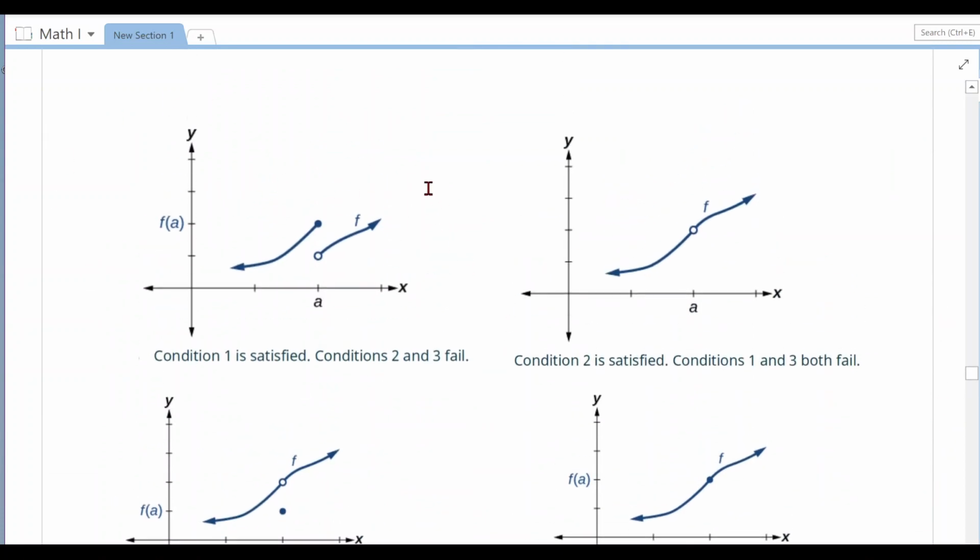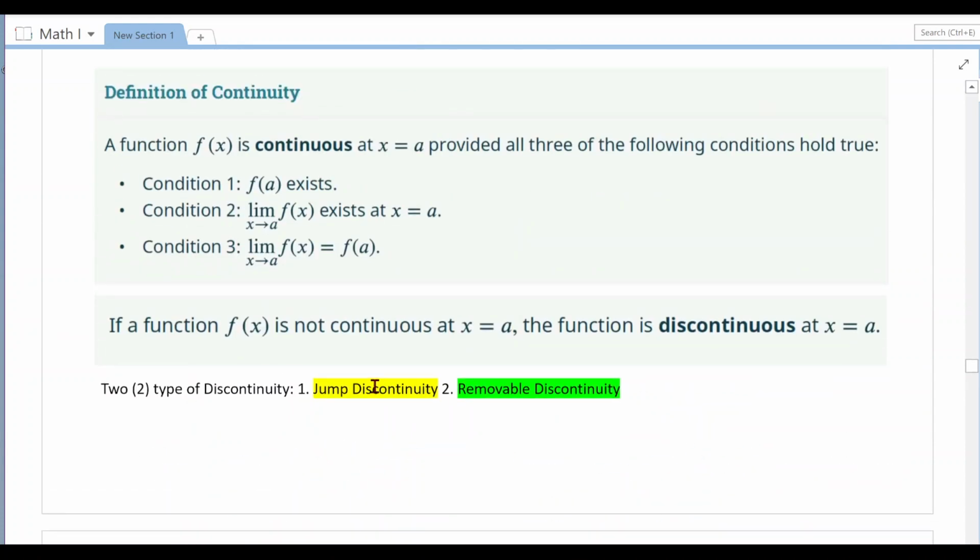In the first figure here, condition 1 is satisfied and conditions 2 and 3 fail. Condition 1 is that the value of the function at x equals a exists, condition 2 is that the limit of the function as x approaches a exists, and condition 3 is that the limit equals the function value.